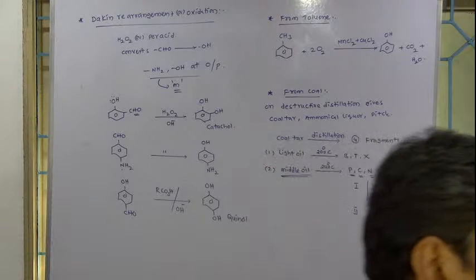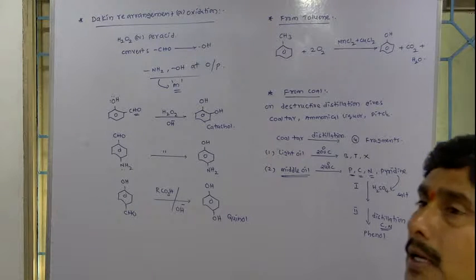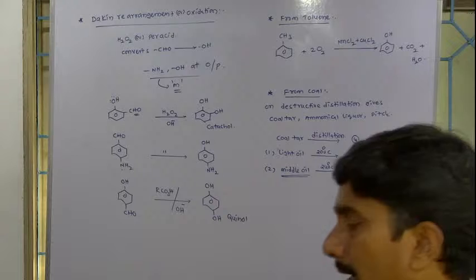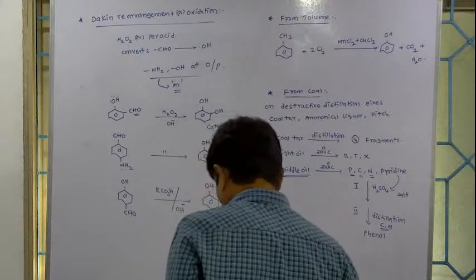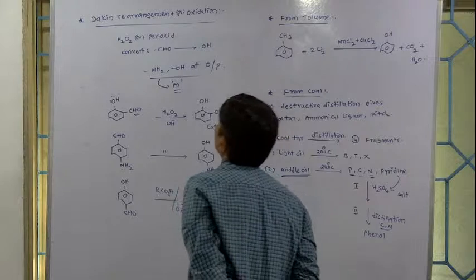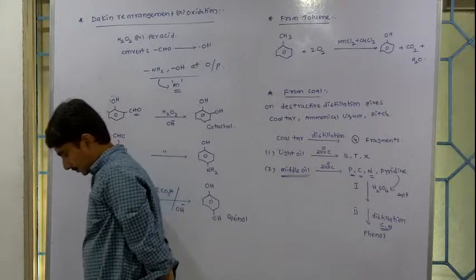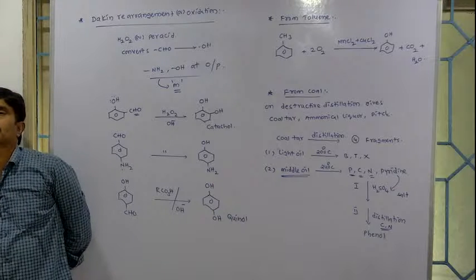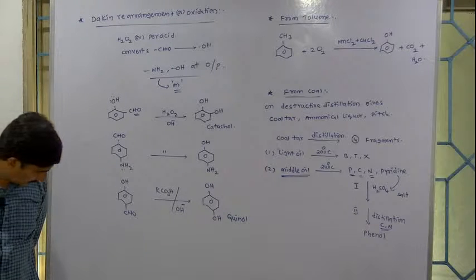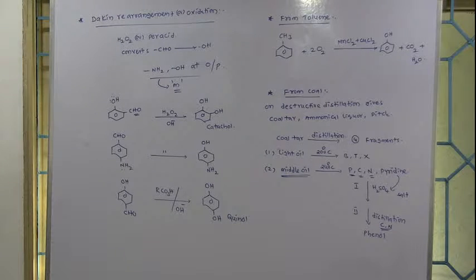H2O2 or peracid converts aldehyde to OH.